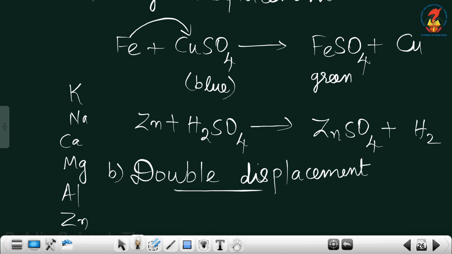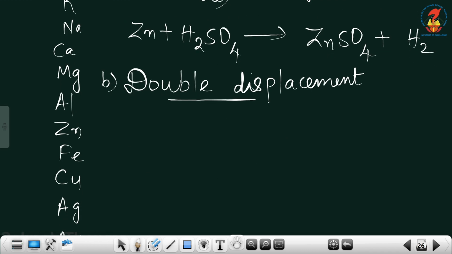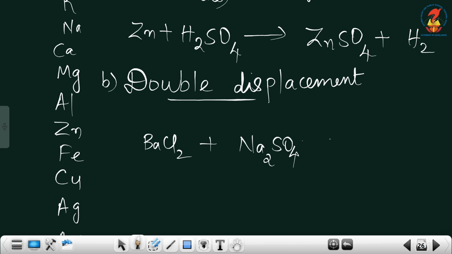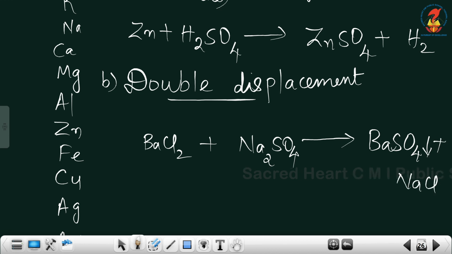In this double displacement case, a familiar example is barium chloride solution mixed with sodium sulfate solution. Both are clear solutions, and on mixing we will get barium sulfate precipitate, and sodium chloride also, which is a solution.